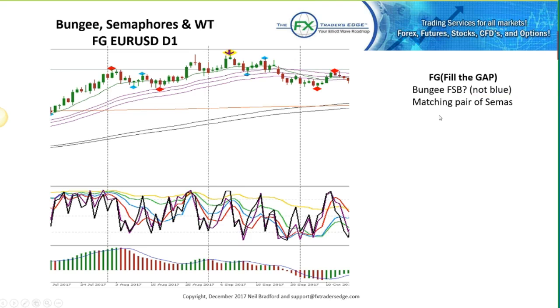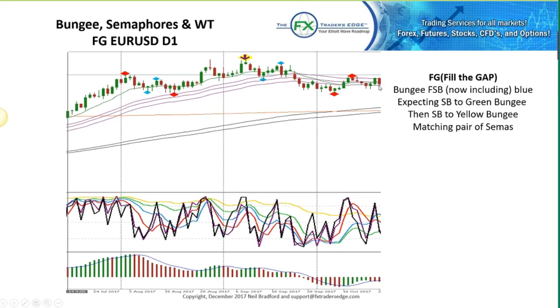Let's have a look. Sure enough, the next two candles were long. Now the snapback includes the blue. It's gone slightly higher and it's now rolled over.